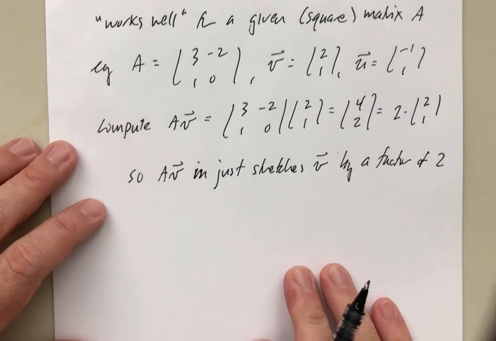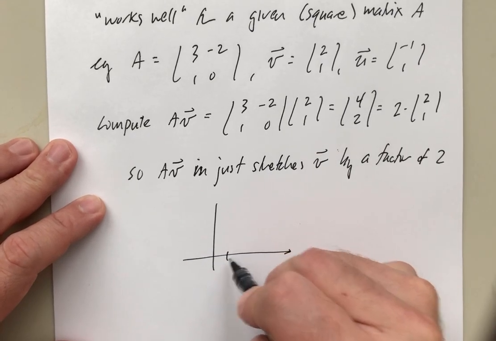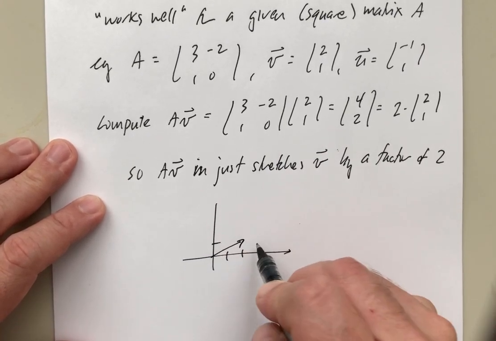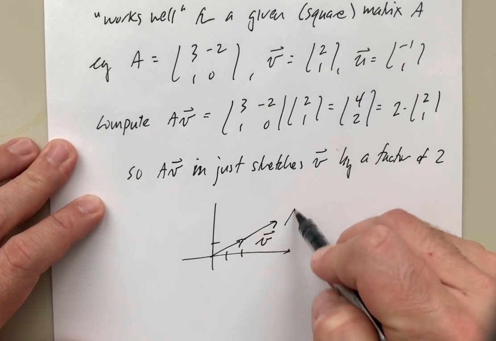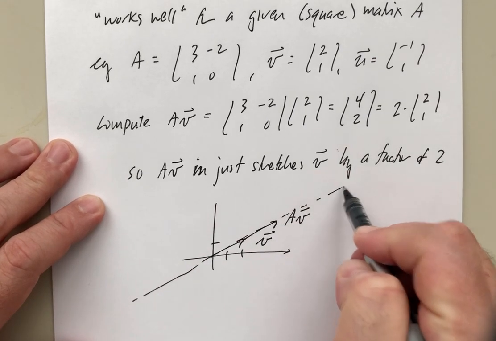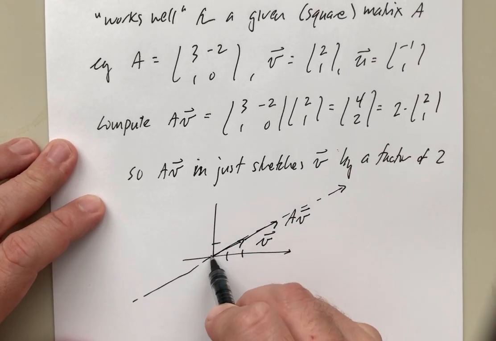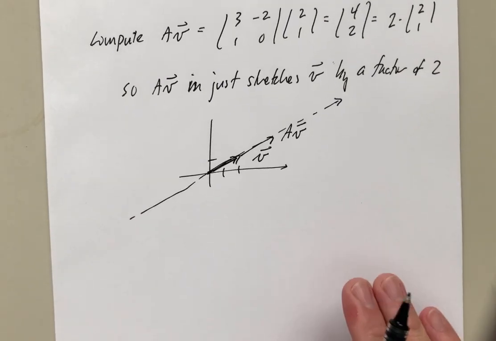I can try to draw this. I started with 2, 1, something like this. This was V. When I take A times V, it's in the line determined by the vector V. If I think of V as determining this line through the plane, then I started with V, and AV was just a multiple of it.